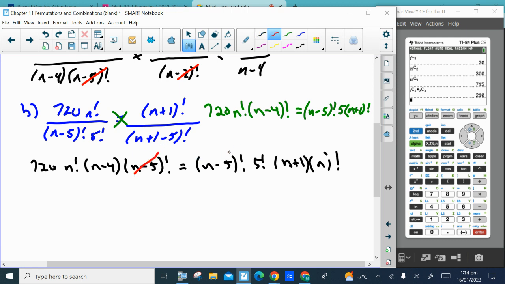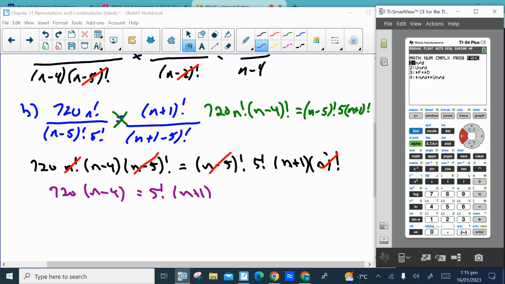So the n minus 5 factorials cancel. The n factorials cancel. We are left with 720 times n minus 4 equals 5 factorial times n plus 1. 5 factorial is 120.